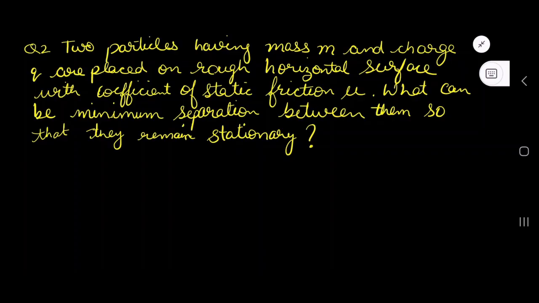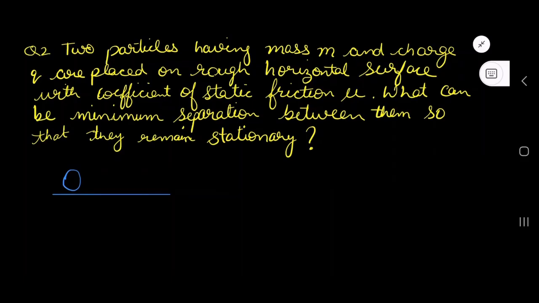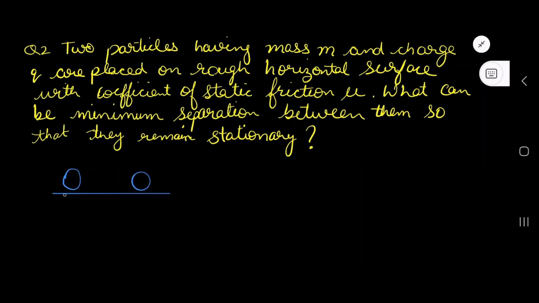So first, we have a rough horizontal floor and two particles, both identical, with mass m and charge q. Since the charge on both particles is the same, they will experience an electrostatic repulsive force, right? And since they are placed on the rough horizontal floor, they will also face static friction.